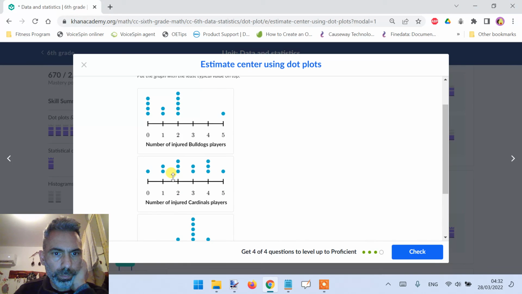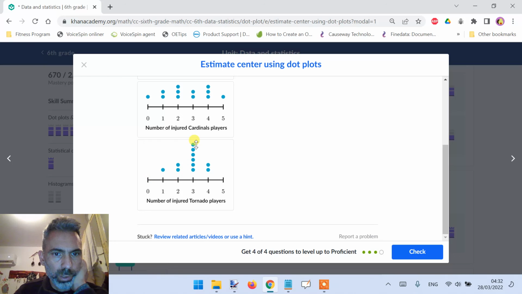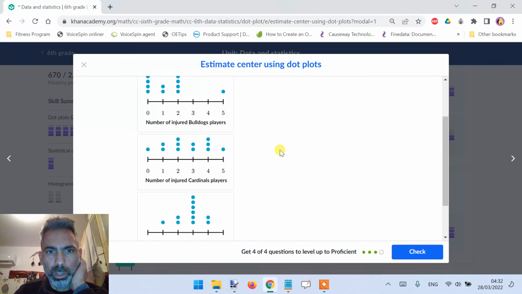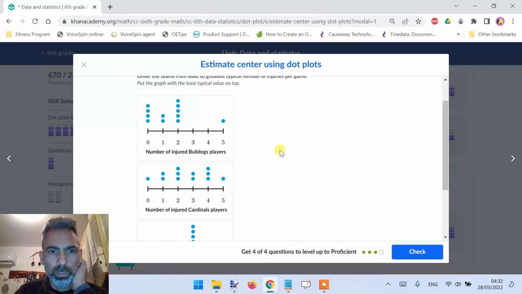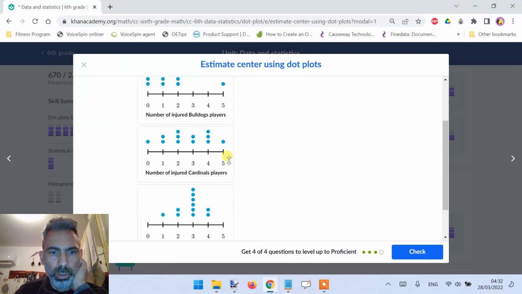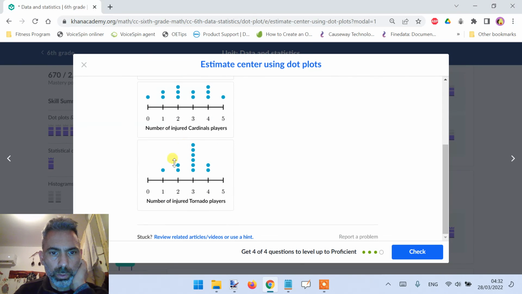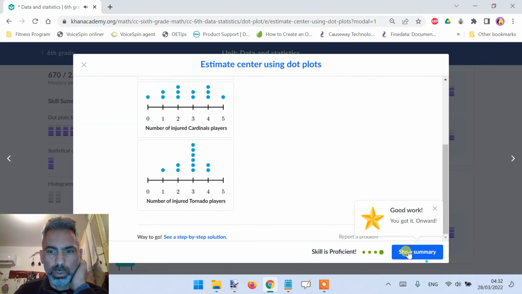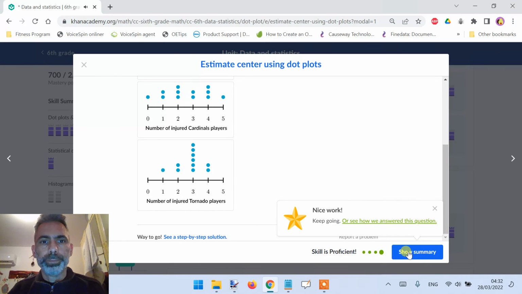And here it's about halfway, so about 2.5. And here it's probably 3, closer to 4. So I guess this is the order from least to the middle to the greatest. Good.